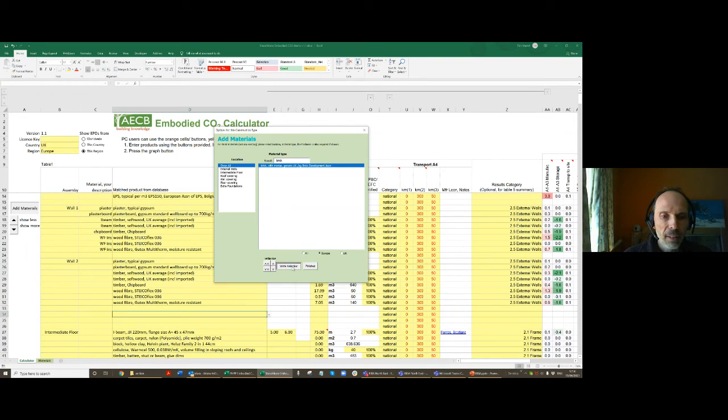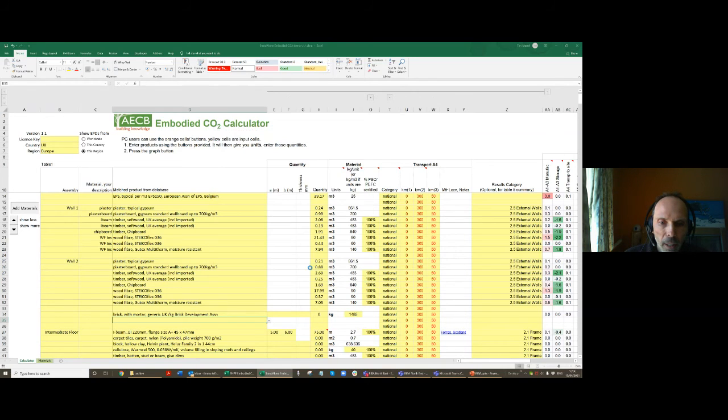We can enter that in, and when it writes that, it gives you the units that it has to be measured in. In this case, it wants the information in kilograms, because the embodied CO2 information is in these units, kilograms of CO2 per kilogram. And that's easy because it's actually given you the formula and it's highlighted the cells you need to enter.